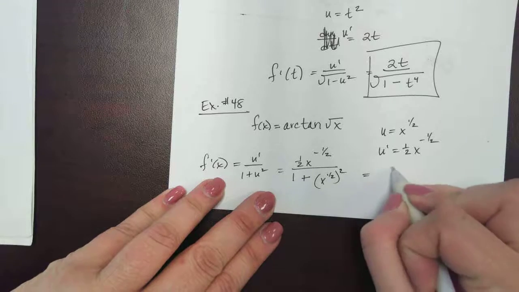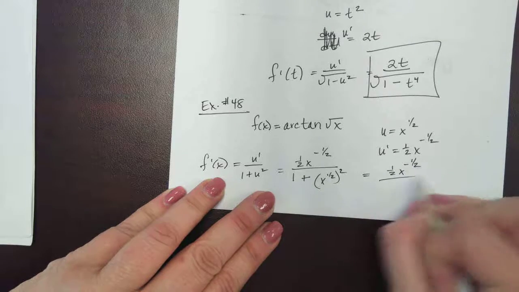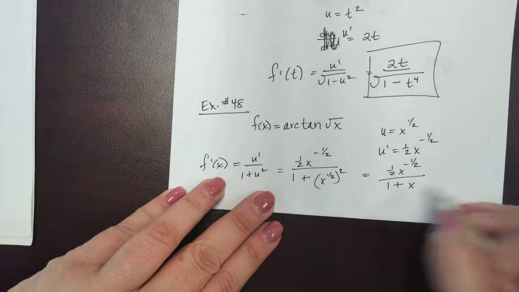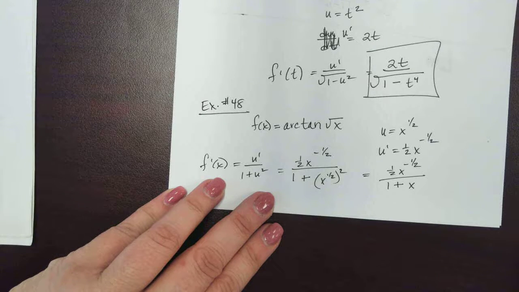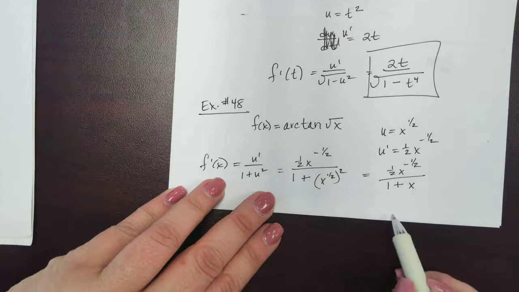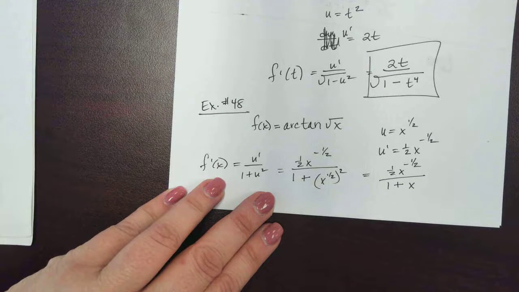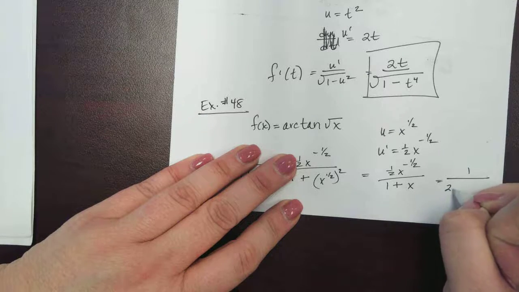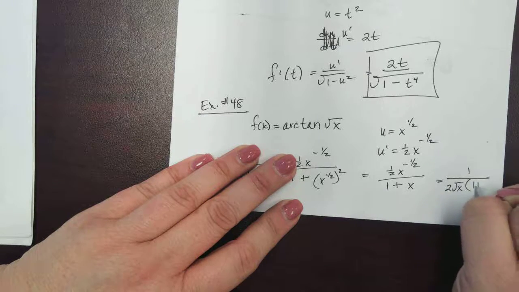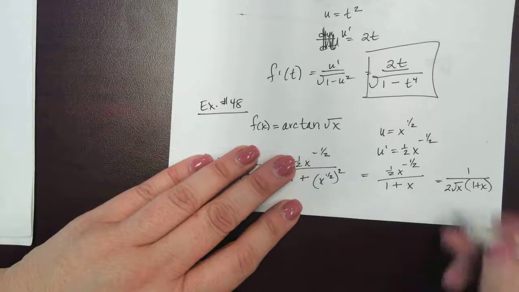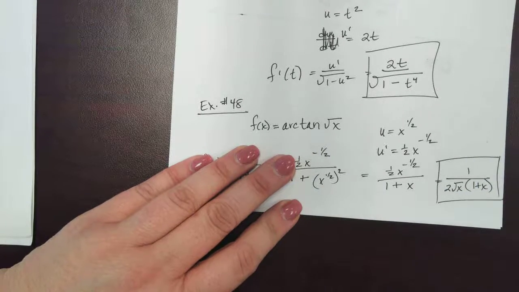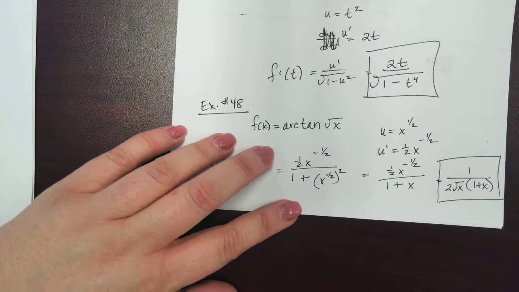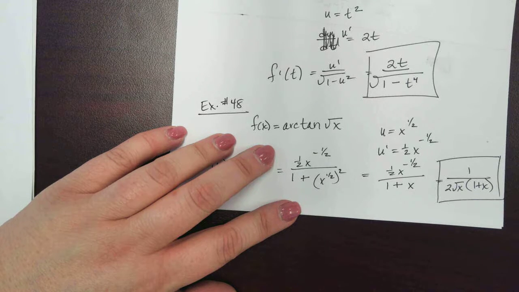So this is 1/2 x to the negative 1/2 all over 1 plus x. But I can still clean this up. I can put the x to the 1/2 on the bottom, and I can put the 2 on the bottom. So this is going to be 1 all over 2 square root x times parenthesis 1 plus x. Does that make sense?